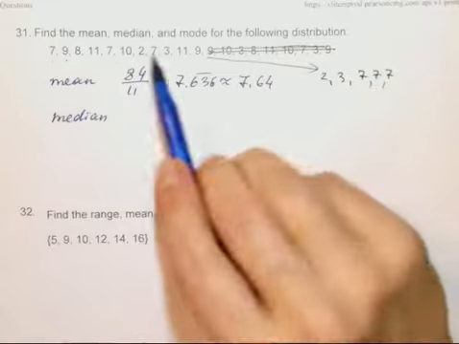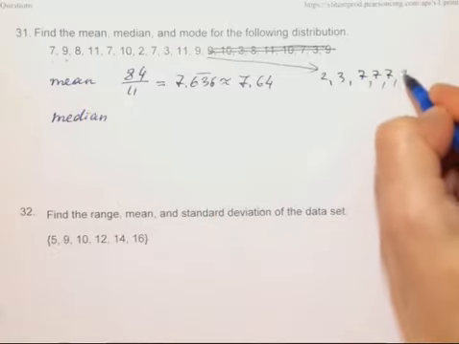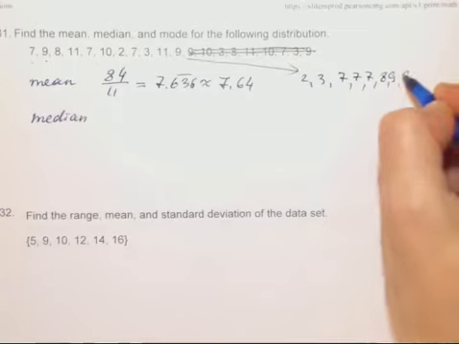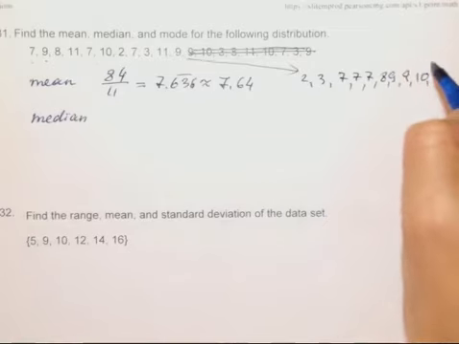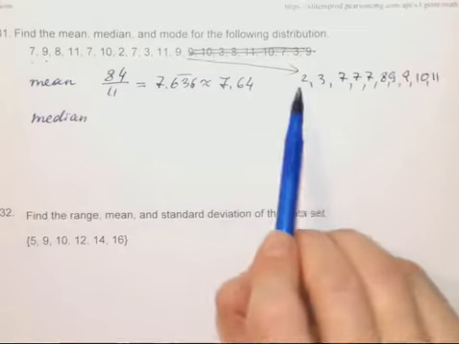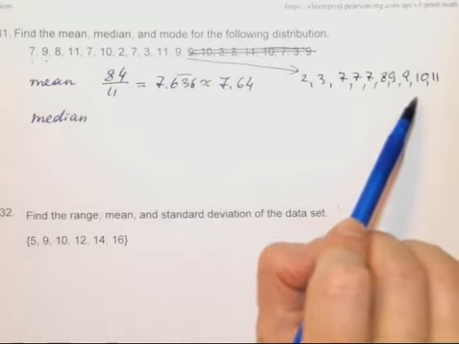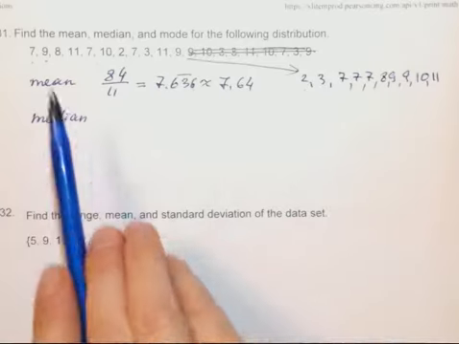We have 3, 7, 8, 9, 8, 9. We have also another 9, then 10 and 11. Let us check. 1, 2, 3, 4, 5, 6, 7, 8, 9, 10. Oh, it must be 11. I skipped somebody.